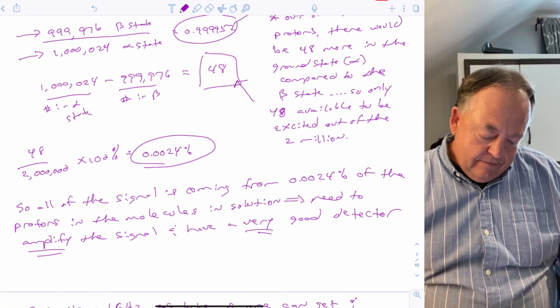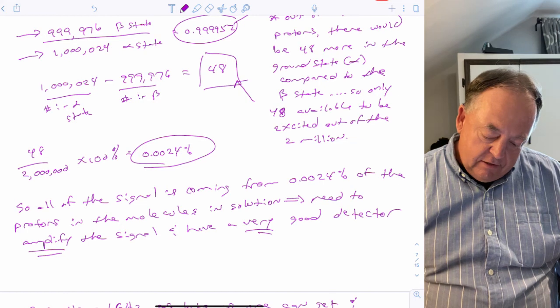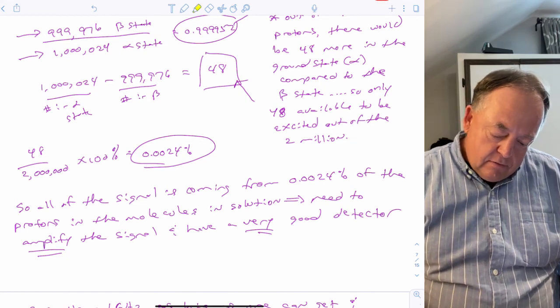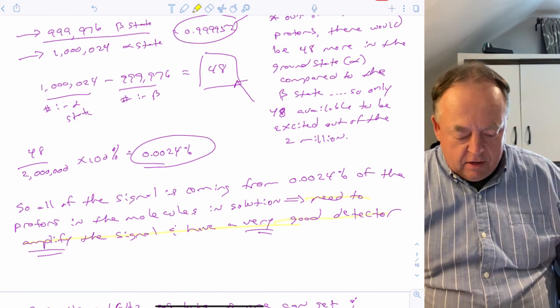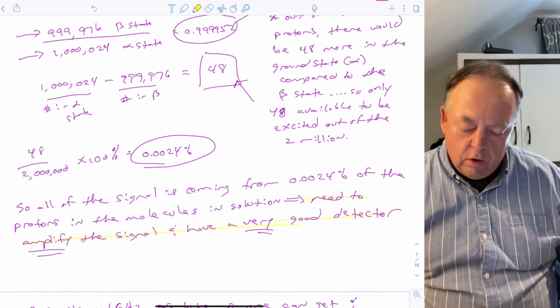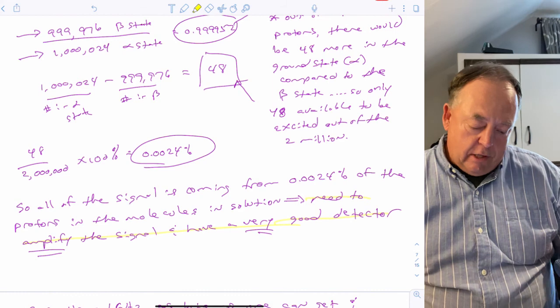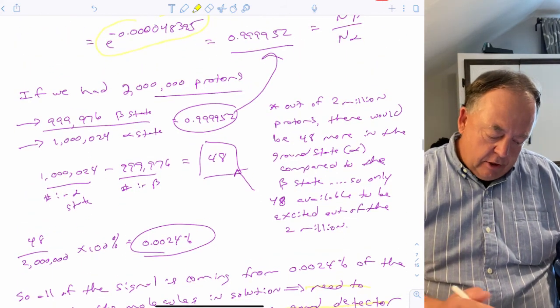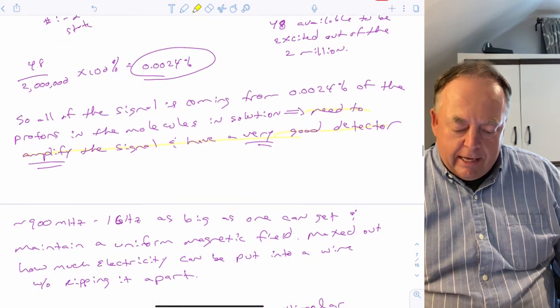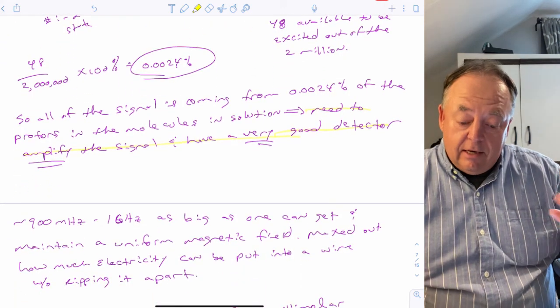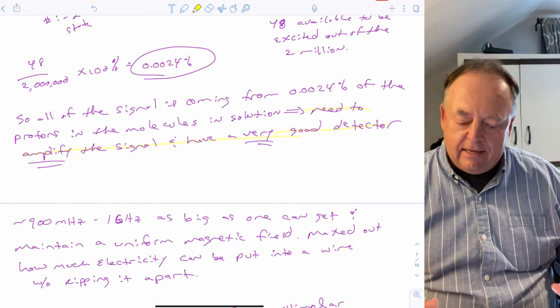So basically what that means is there's not many nuclei that are going to absorb or emit the energy, because when they emit the energy, they're going to go back to this state, right? So you're going to have 48 nuclei out of 2 million emitting that energy, and you have to detect that energy.